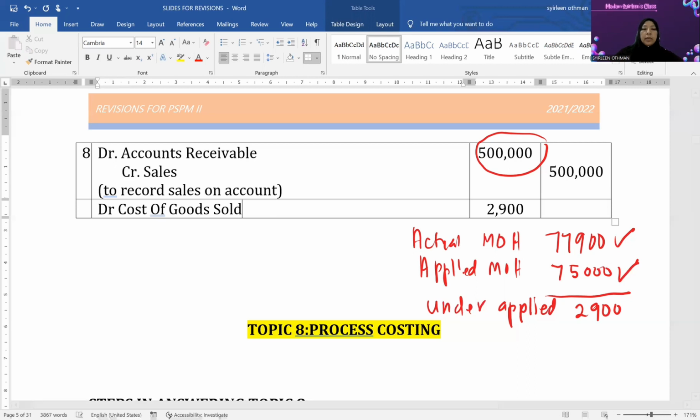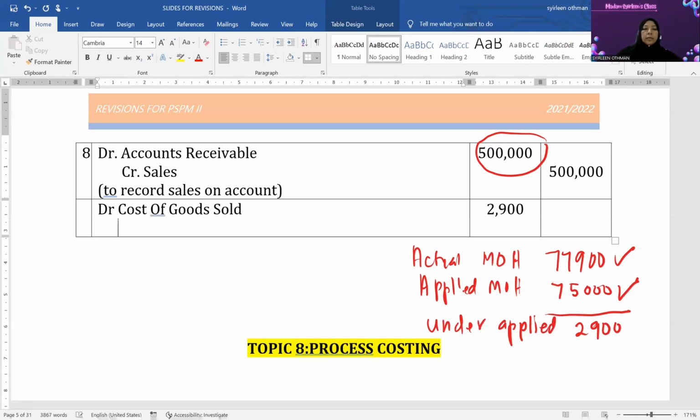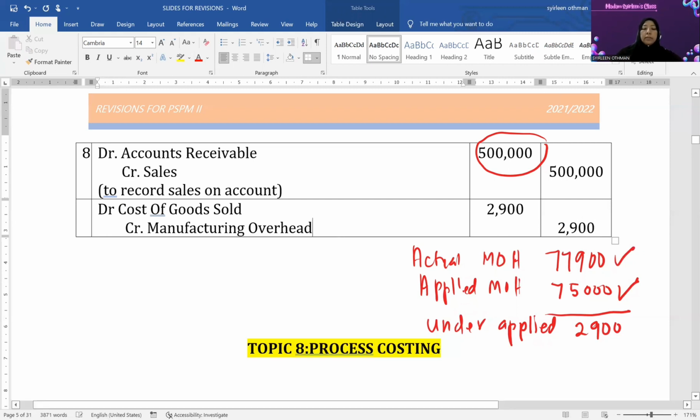Okay, and I will credit, okay, my manufacturing overhead. All right, with the same amount on the credit side, 2,900. Okay, so what are we actually doing in the final journal?